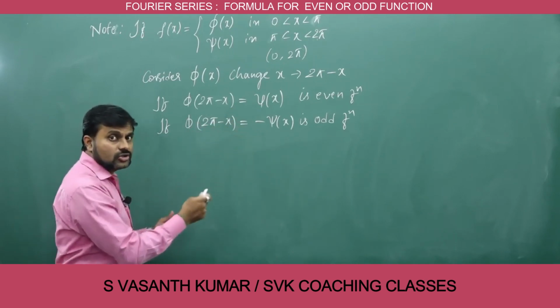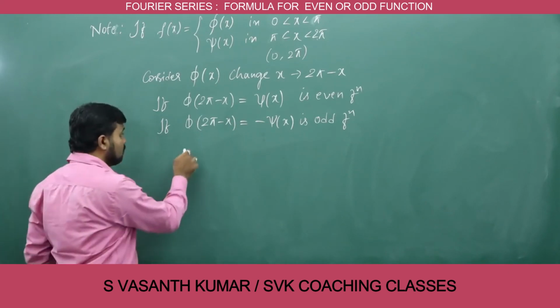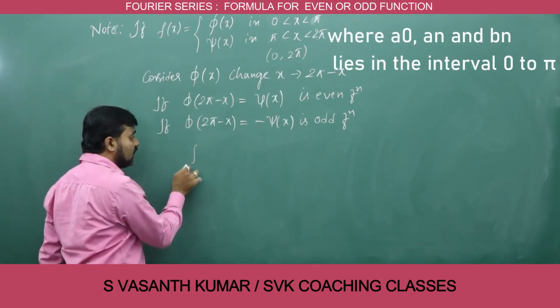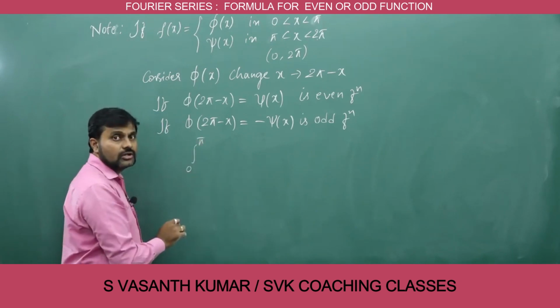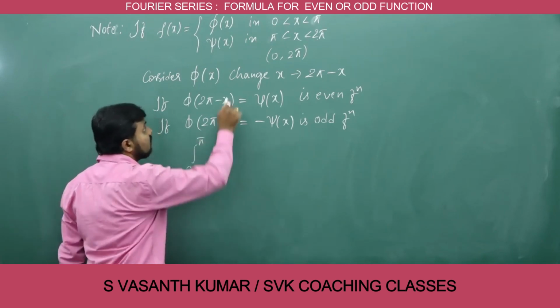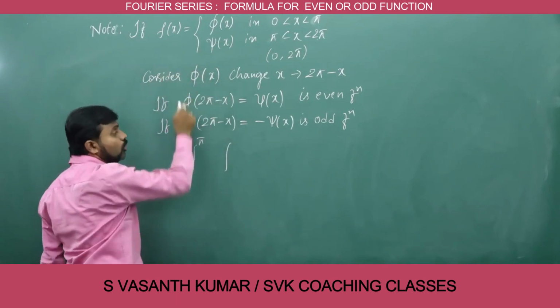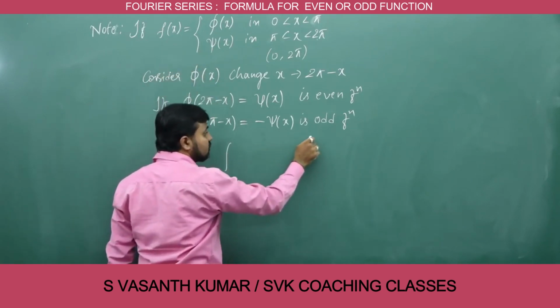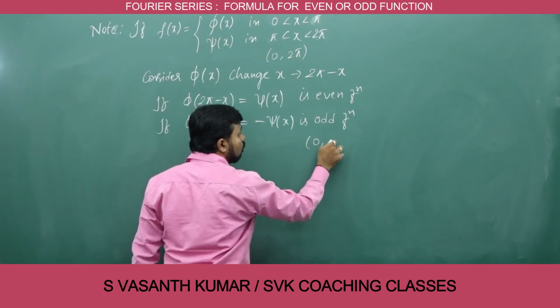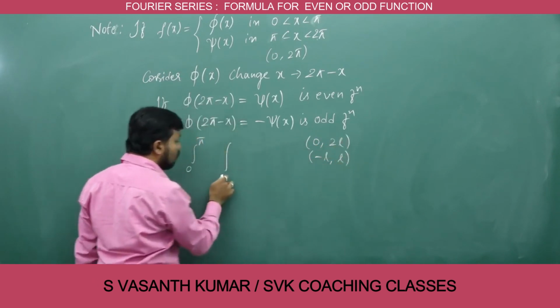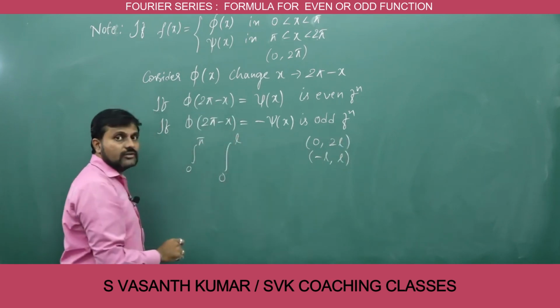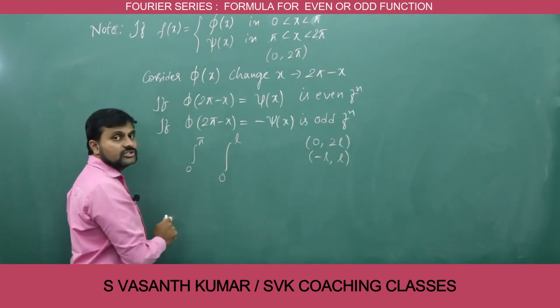You should also know that while defining a0, an, bn, the limit will be 0 to pi. The note I have given follows the same way for the intervals 0 to 2l and minus l to l, right? There a0, an, bn are defined in terms of 0 to l.